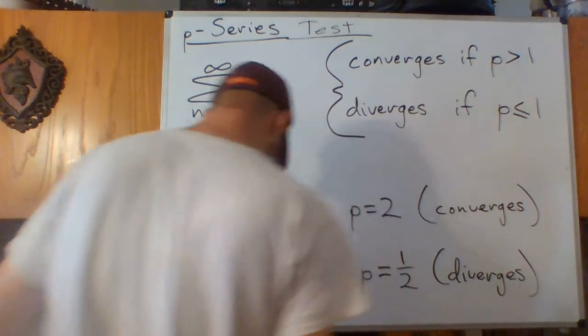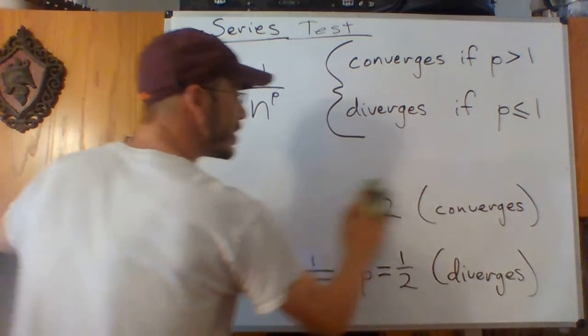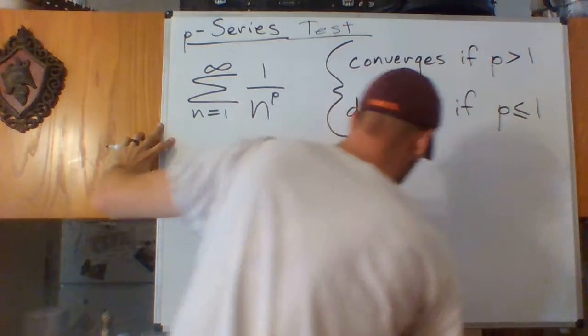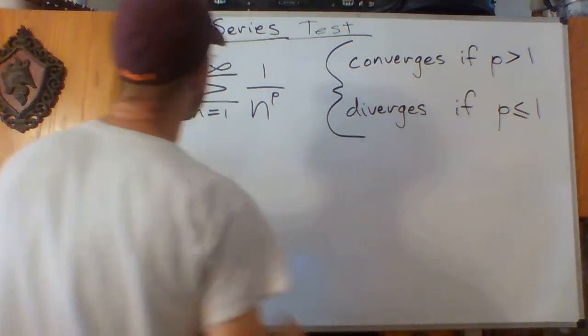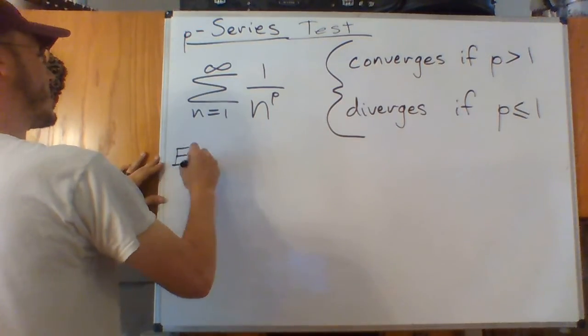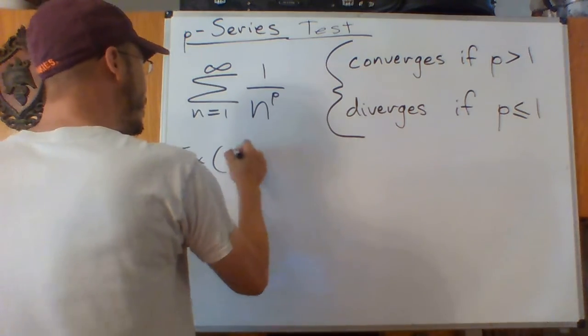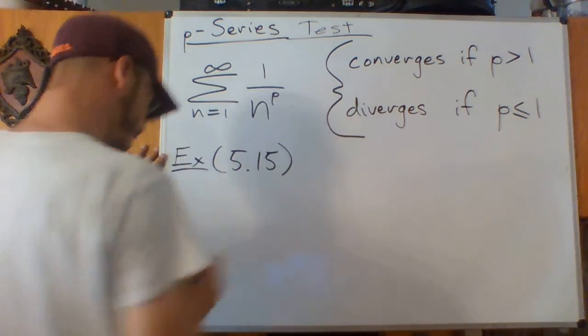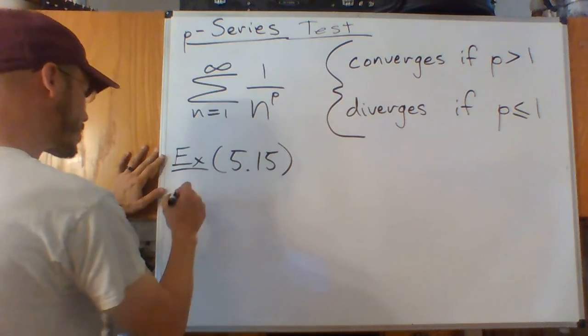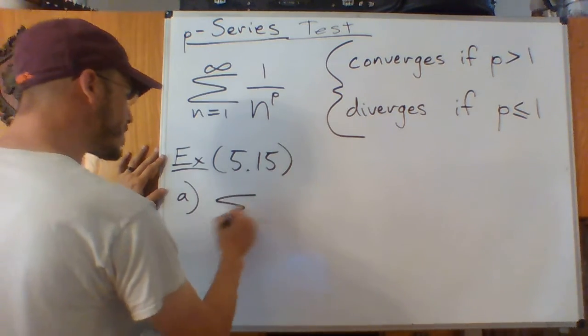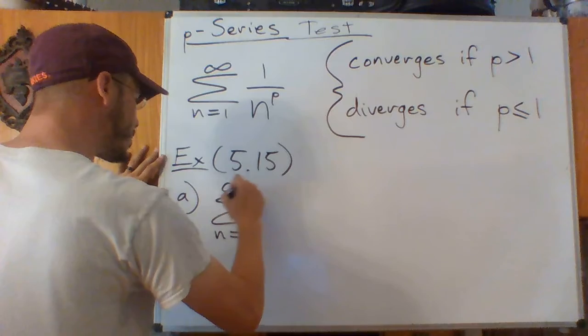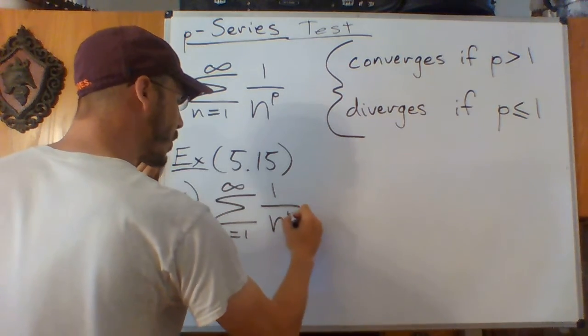I've got a couple examples that we can look at to see how to apply the p-series test. The first one, these are 5.15, and the first one is the sum from n equals 1 to infinity of 1 over n to the fourth.